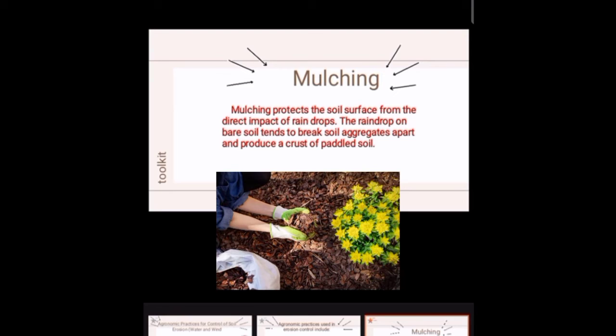Maintenance of cover, like the use of mulching materials, at all times reduces crust formation, increases permeability, and consequently there will be little runoff and erosion. This is one of the major crop management practices used in the control of soil erosion.